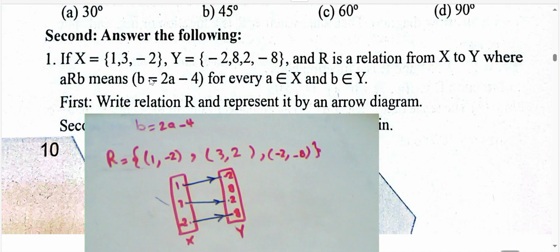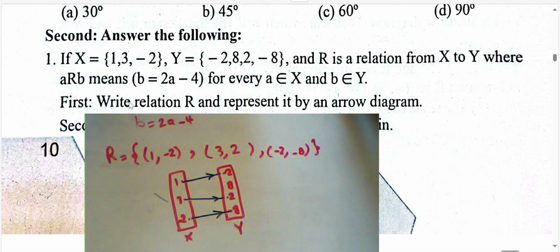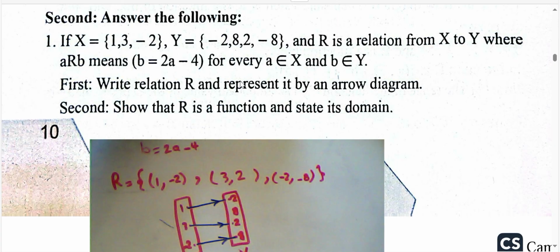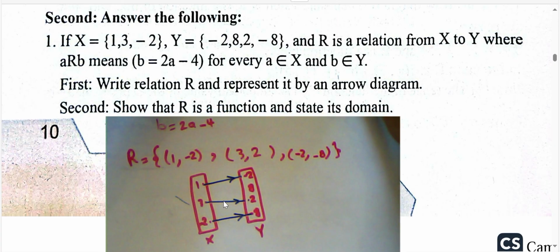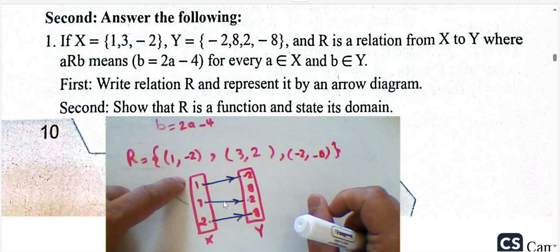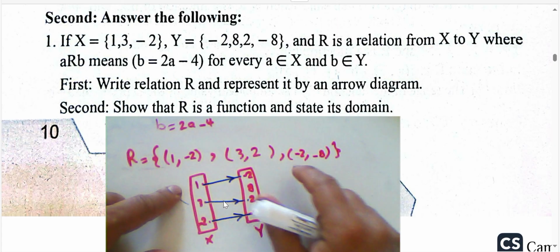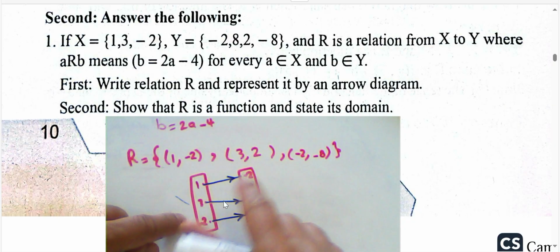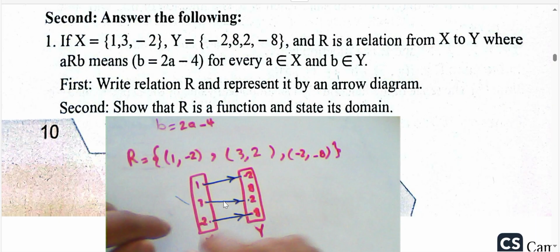Okay, that's the first question. Second question here, you want to choose whether R is a function or not. Yes, R is a function because each element in X belonging to the relation has one arrow from X to Y, right?